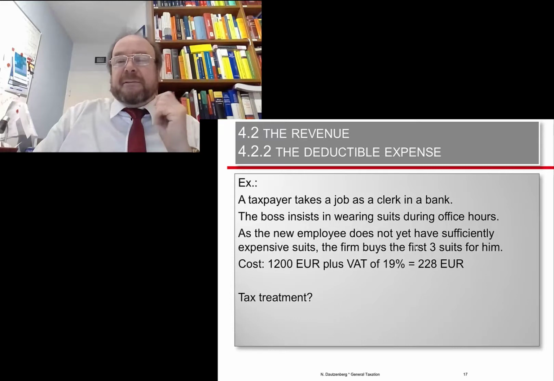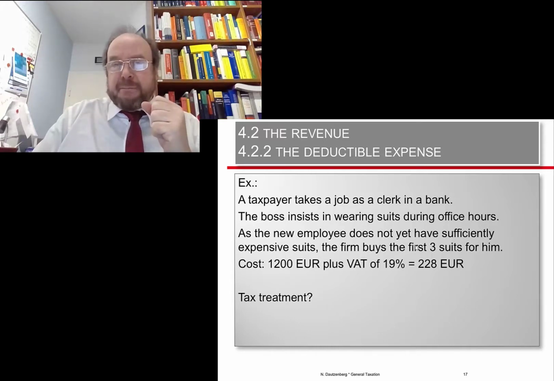Everybody needs a suit for certain formal occasions, and you also need probably several ones so that you are not always seen in the same suit. So that is a kind of expense which is always also necessary for private purposes. So that is now a mixed expense potentially.